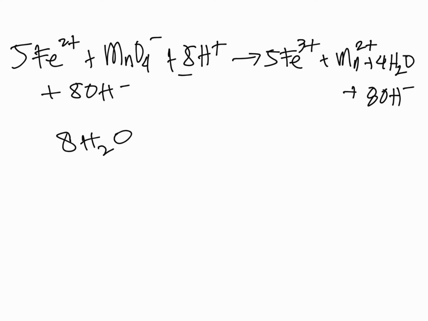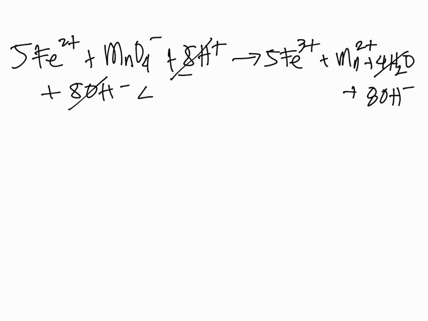So hydrogen 8 plus 8 is 16, that's 8 times 2, and 8 oxygen. So that's 8 water. If there is 8 water here, we're going to cancel this and this.